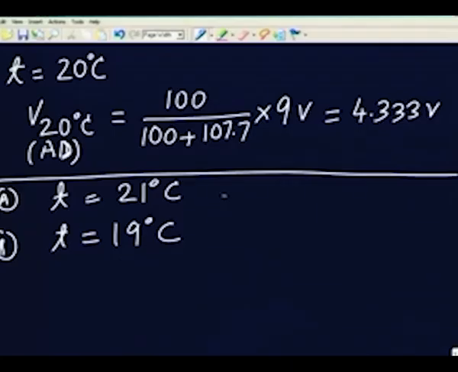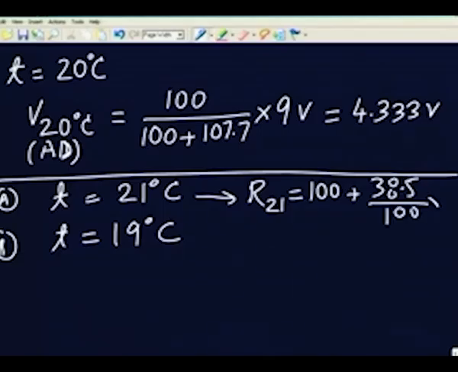For example, the corresponding resistance R21 is given by 100 plus 38.5 divided by 100 into 21, using the linear model.